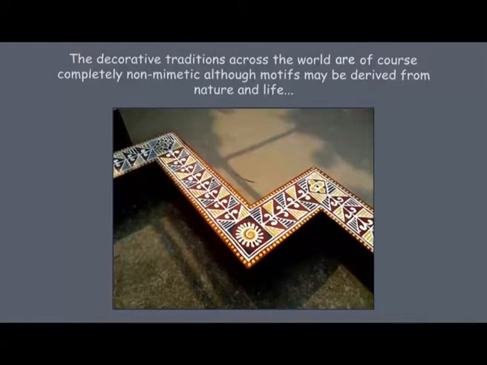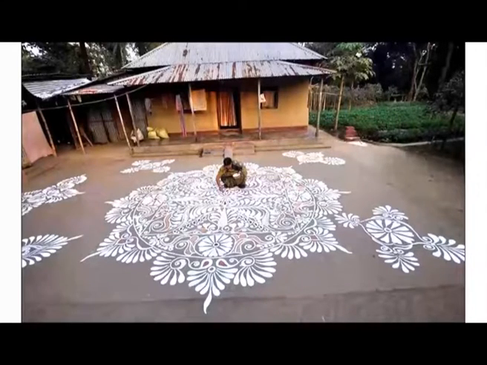life. For example, when you look at this design, this kind of floor decoration, you might be able to figure out, okay, this particular motif is derived from this flower, this is from that plant. But then ultimately when you look at this huge floor decoration in front of a rural hut like this one, what you see is a non-mimetic decoration.